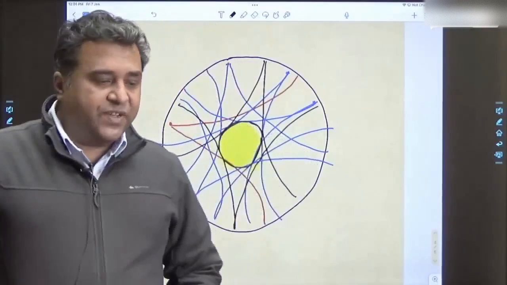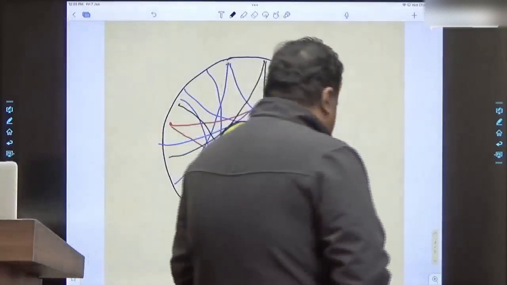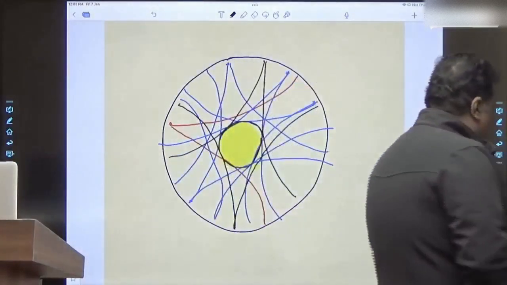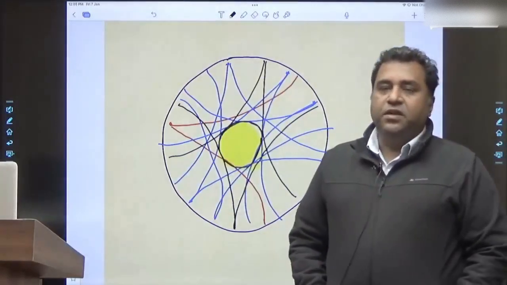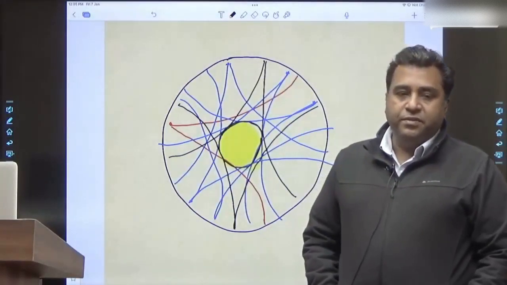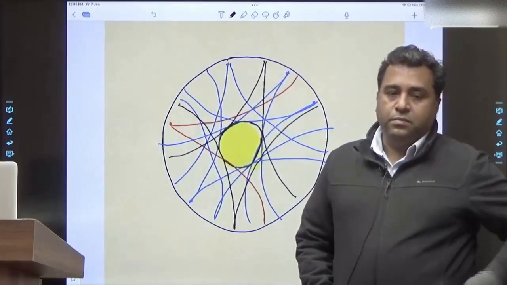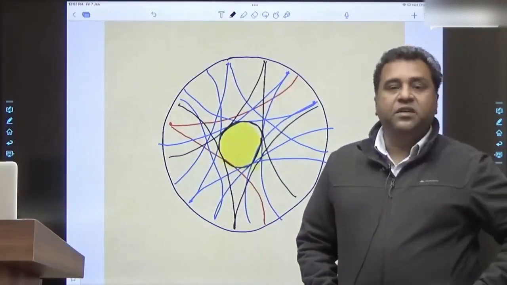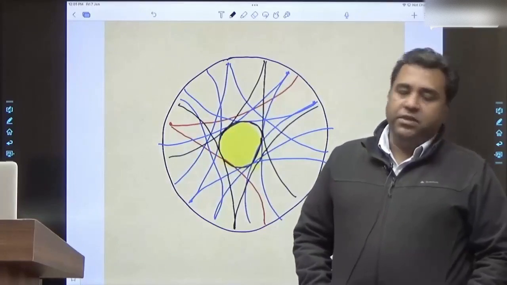Through which S waves are not able to pass. And hence not reach in the 105 to 180 degree region. Full stop.